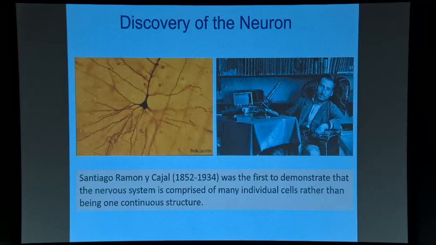On the left here, we have an image of a neuron as seen through a microscope. The neuron has been stained a darker colour compared to the rest of the brain tissue around it, and because of that, it's easier to see the individual structure that makes up this particular cell.